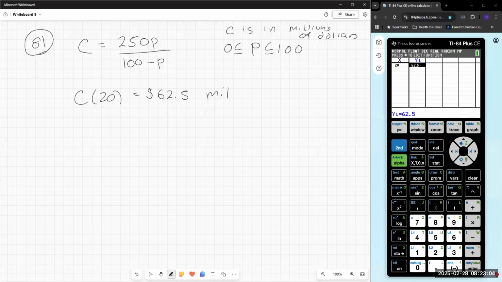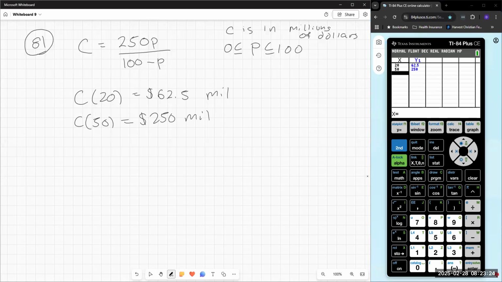So C of 50%. If we were to try to seize 50% of the drugs, we would have to spend $250 million.